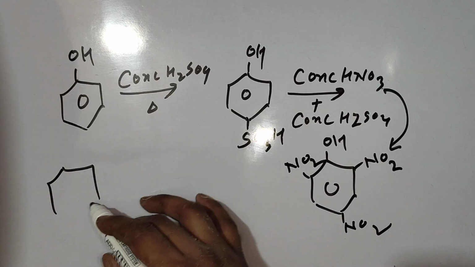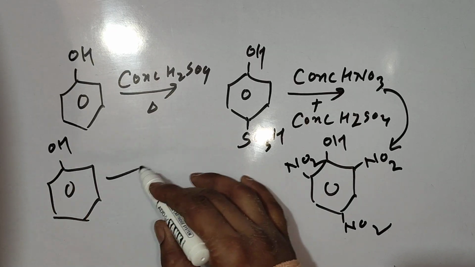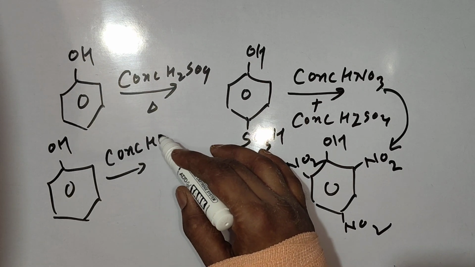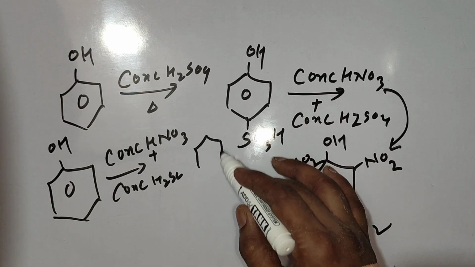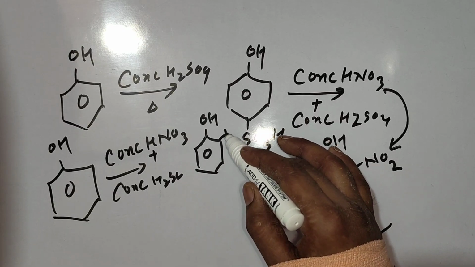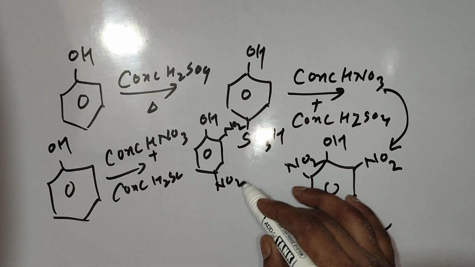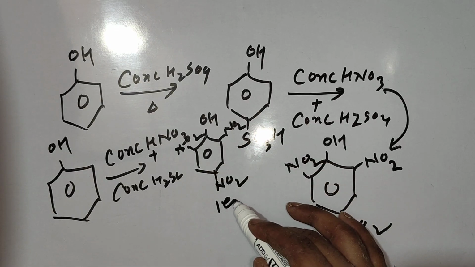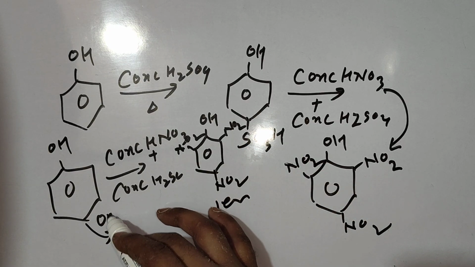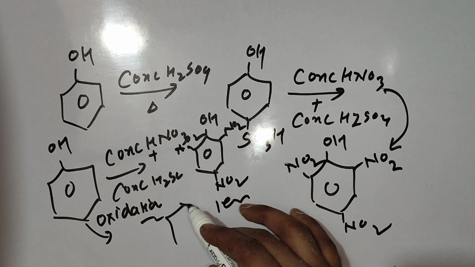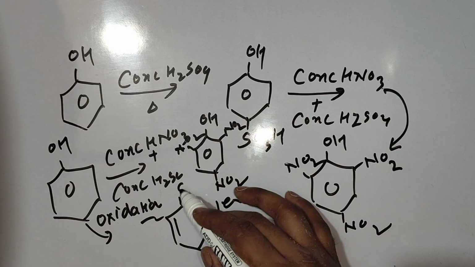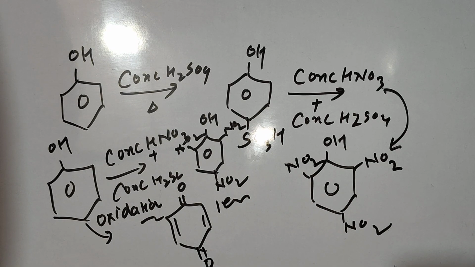And if you react phenol directly with concentrated nitric acid and concentrated sulfuric acid, no doubt picric acid will generate, but the amount will be very small, because here oxidation of phenol happens due to the nascent oxygen generated from nitric acid, and most of the particles turn to benzoquinone, this one. So this is the summary, and this is the end of nitration of phenol.